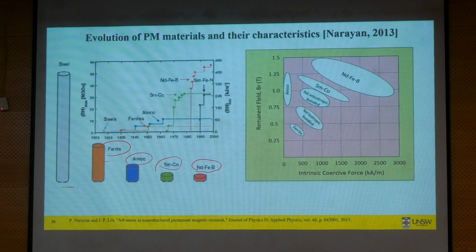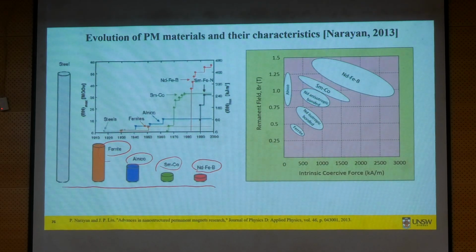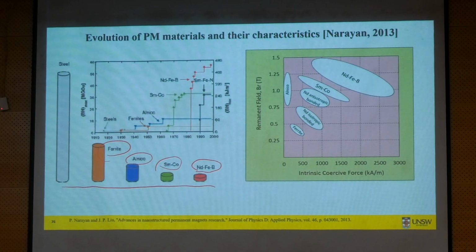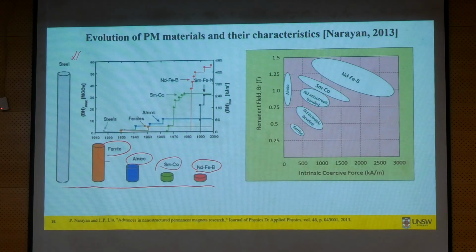What it is showing here in this column is the energy density. Compared to steel material, neodymium iron is very energy dense. This small amount of magnet can produce an equal amount of torque or force as that steel.